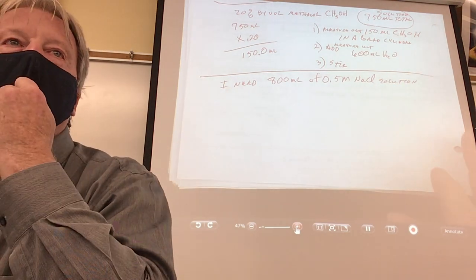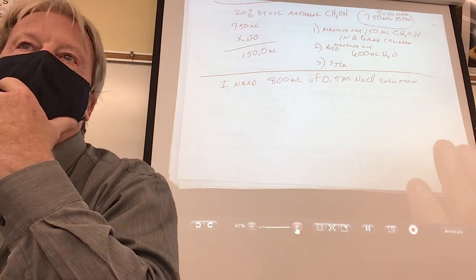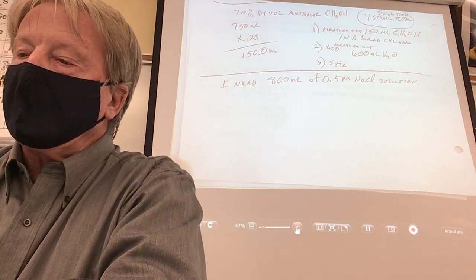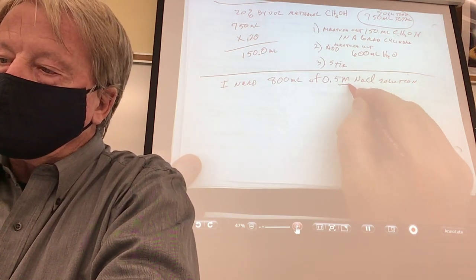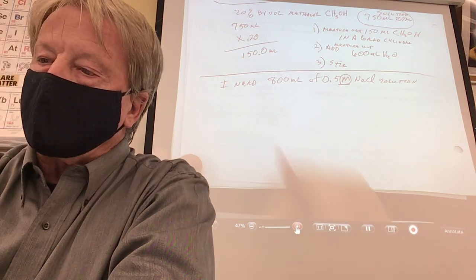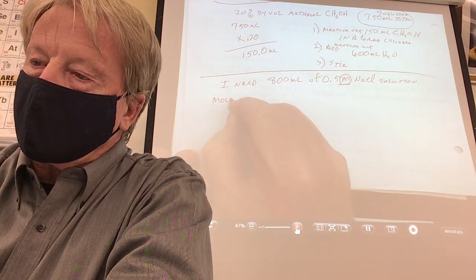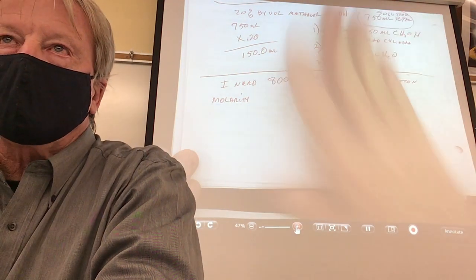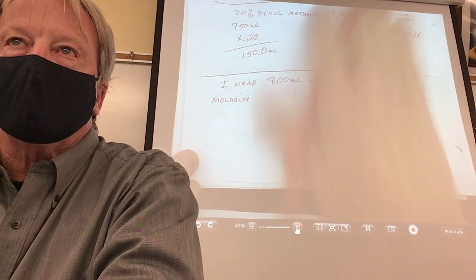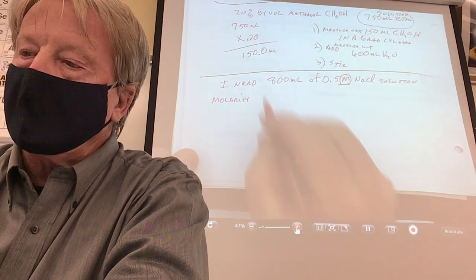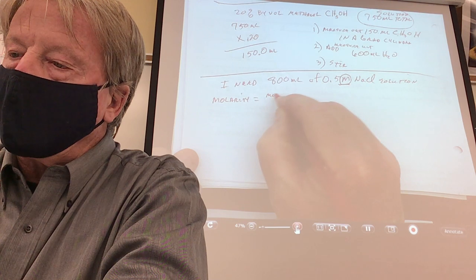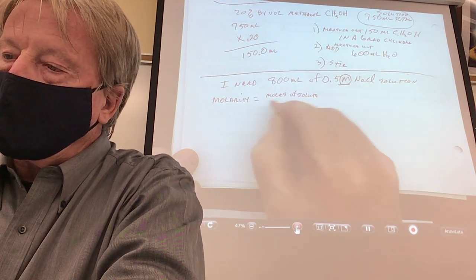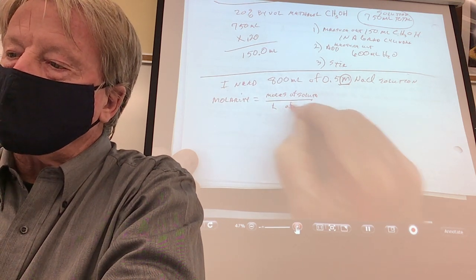Now, this is where we enter the world where almost all chemistry lies. This is a big M, and I'm going to show you what that means. This is the equation, molarity. All these are concentration units: percent by mass, percent by volume, molarity. Molarity equals moles of solute over liters of solution.